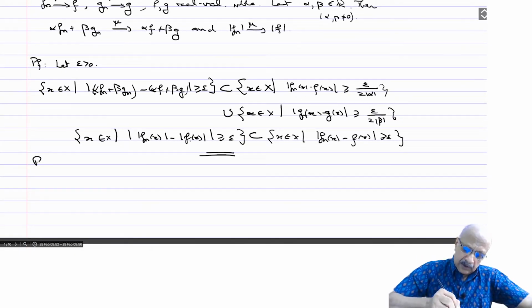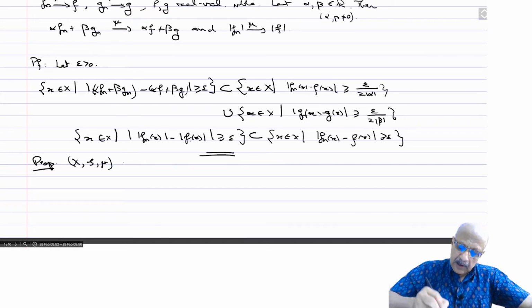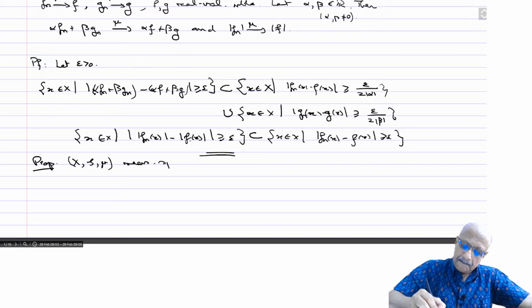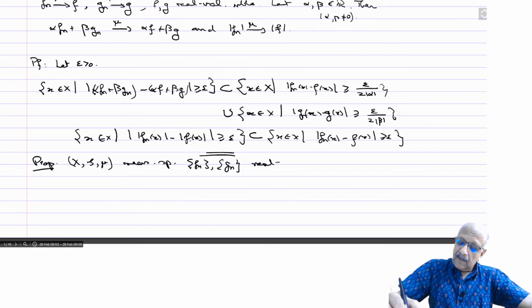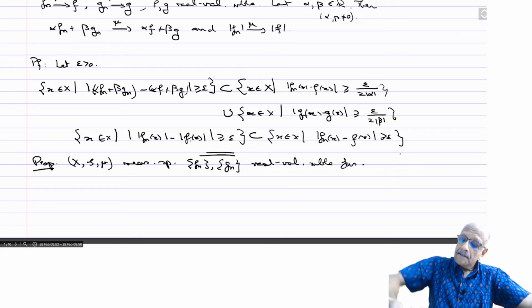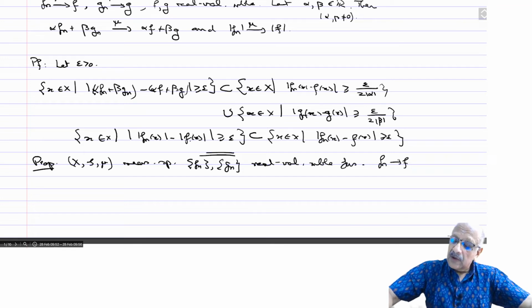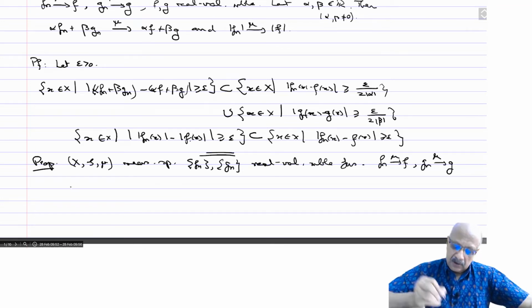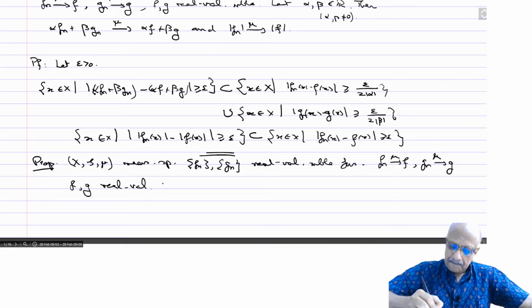So now, the next proposition, about products. Let (X, S, mu) be a measure space, f_n, g_n real valued measurable functions, f_n converges to f in measure, g_n converges to g in measure, f, g real valued measurable.